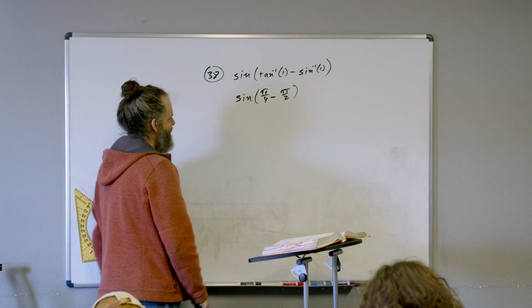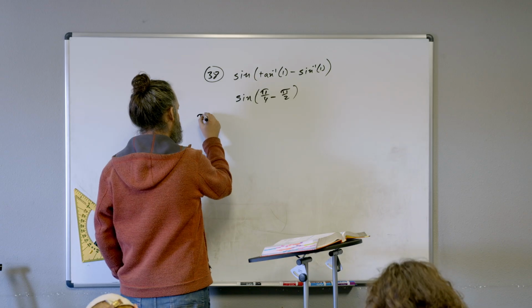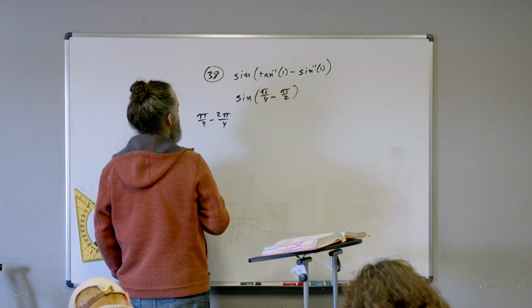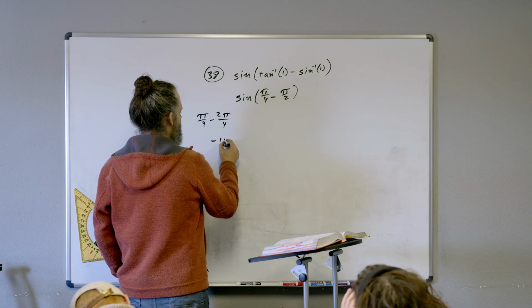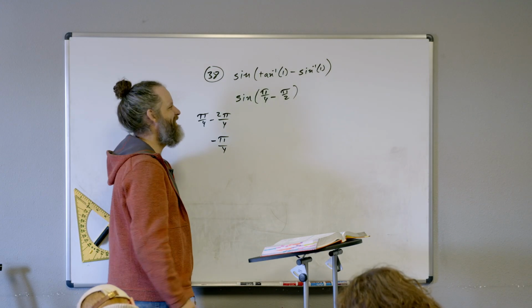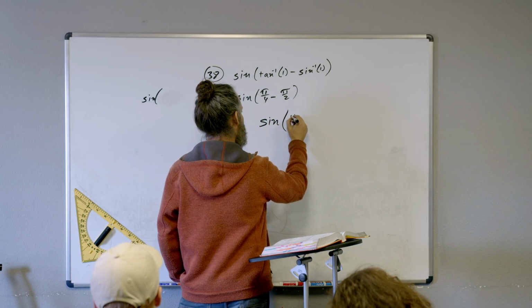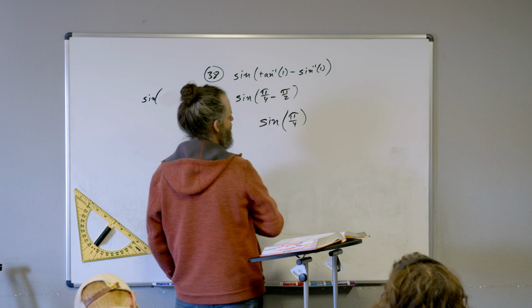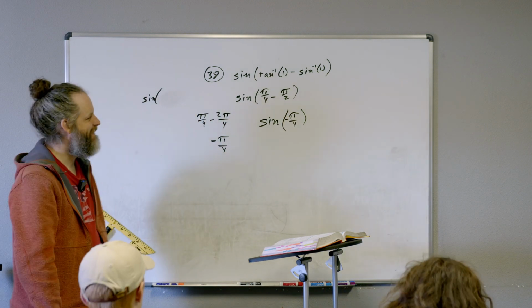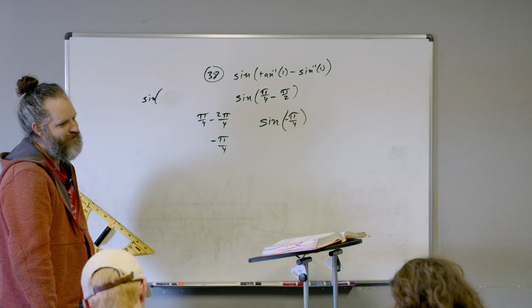So that would be pi over 4 minus 2 pi over 4, negative pi over 4. That sound right to everybody? Yes. Sine of negative pi over 4. Square root of 2 over 2, negative square root of 2 over 2.